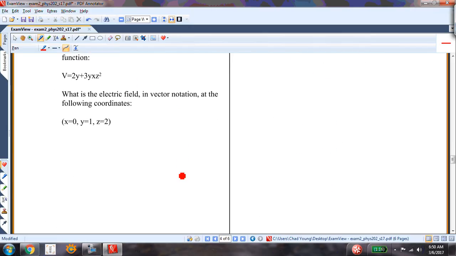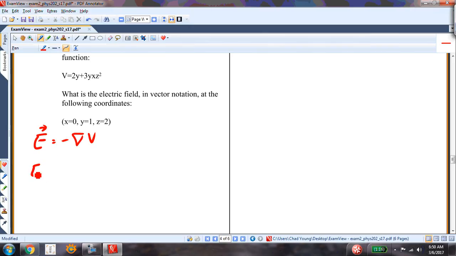Here I have a potential described by this function. What is the electric field in vector notation? So I want to find my electric field is equal to negative del V. That is just the partial derivative with respect to x, y, and z.